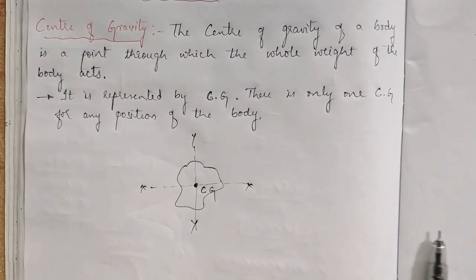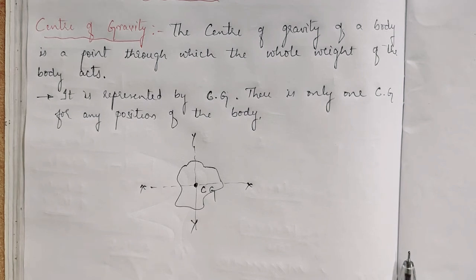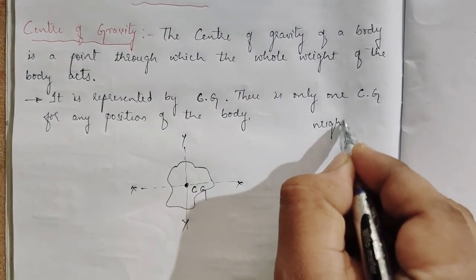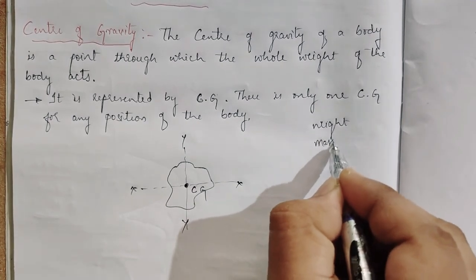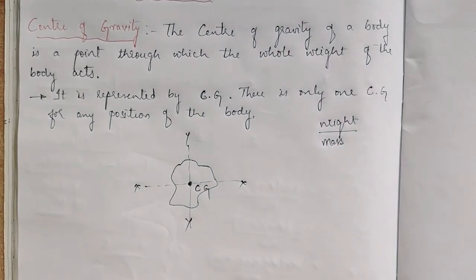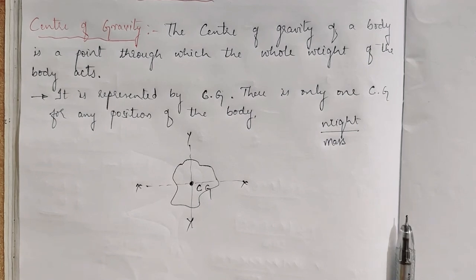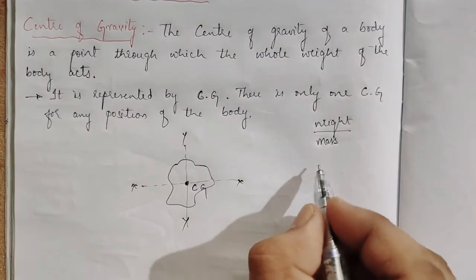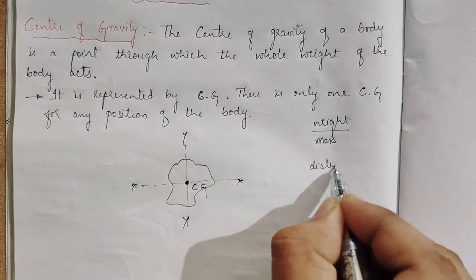So the center of gravity is a point about which the whole weight of the body is assumed to be concentrated, and it deals only with the weight or mass of the body. There is another term called centroid, and it is also related to distribution of mass.